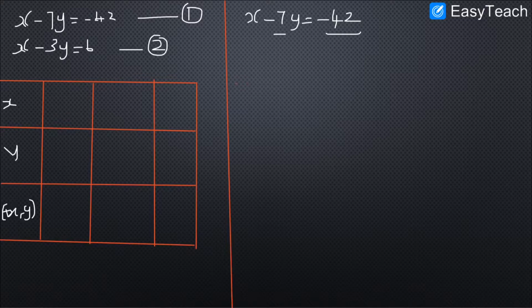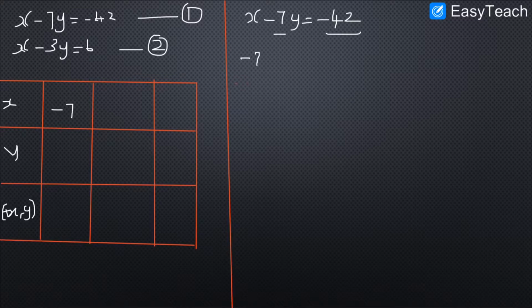So choose the x value as either 7 or a multiple of 7. Then the calculation will be easy. Here I take first minus 7.